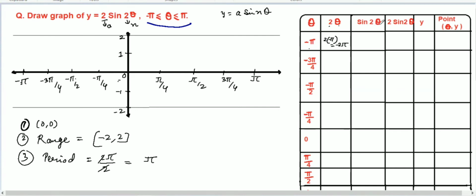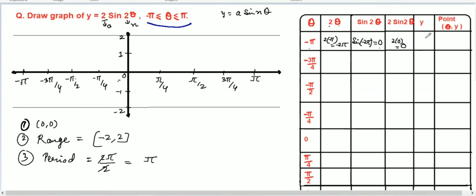Sine of 2 theta is sine of minus 2 pi, which is 0. Then 2 sine 2 theta is 2 multiplied by 0, which is 0.